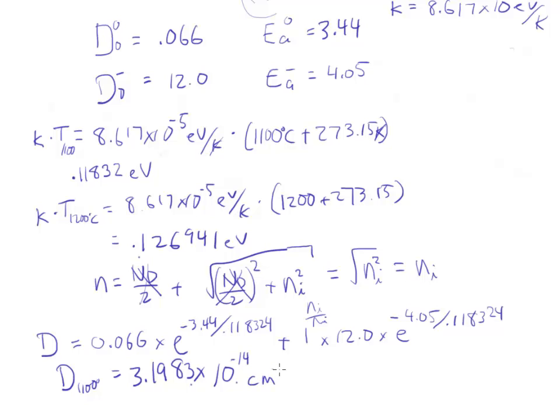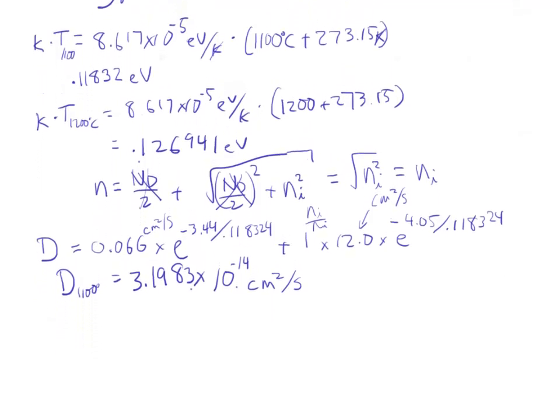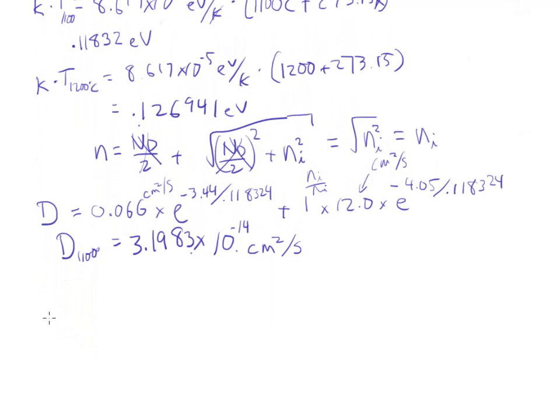The units are centimeters squared per second, which were left off here, but the units on each of these coefficients is centimeters squared per second. This is also centimeters squared per second from the table, so our final units are still centimeters squared per second.